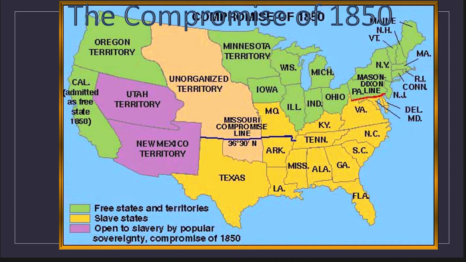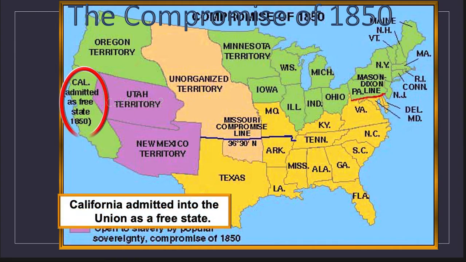Once we get past the Mexican American War and we gain all the lands out to California and we gain the Oregon Territory from the British, we now have to figure out what are those territories going to be? What is the possibility for those territories? The answer is going to come from the Compromise of 1850.